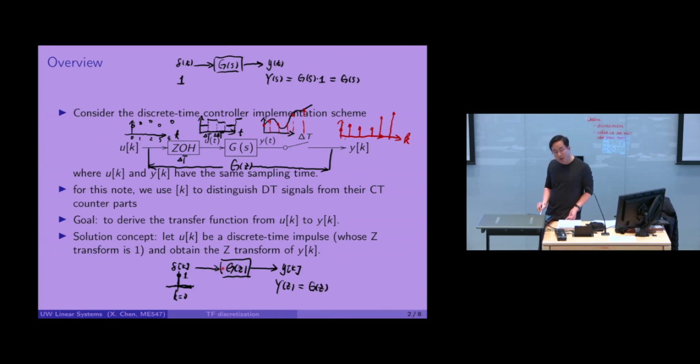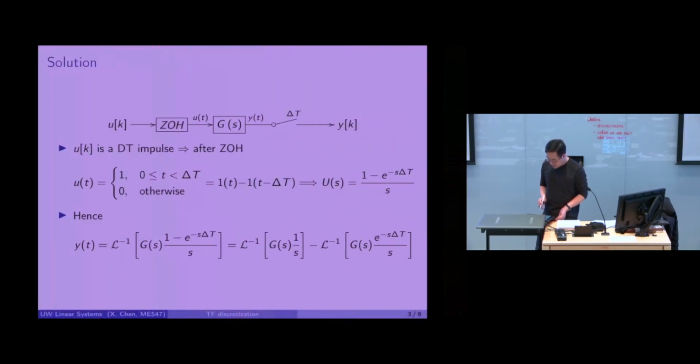That's the central principle over here. So we can just design the input. We select u of k to be an impulse in discrete time, a unit impulse, and take a look at what the output will look like. Then essentially, we will be able to derive the transfer function. That is the overall picture. Pretty straightforward.